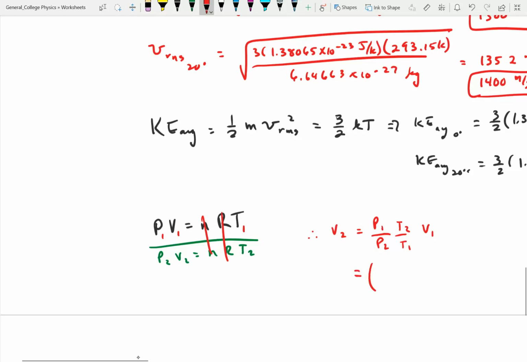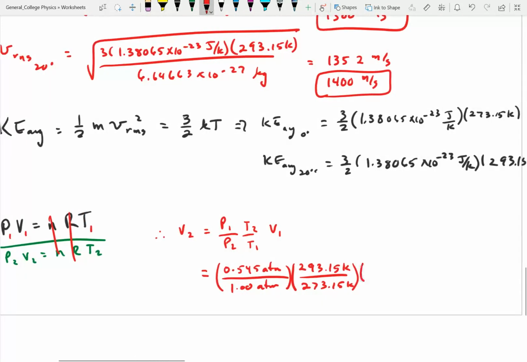notice the units are going to cancel for everything, so it doesn't matter what my units are. My pressure 1 was 0.545 atmospheres. Pressure 2 is 1.00 atmospheres. My temperature 2 was 293.15 kelvins. You must use kelvins. If you try using Celsius, you get a wildly different answer, one that is undefined. My initial volume was 2.35 liters.